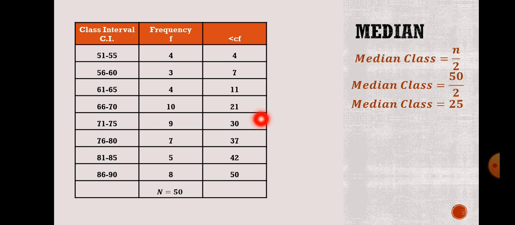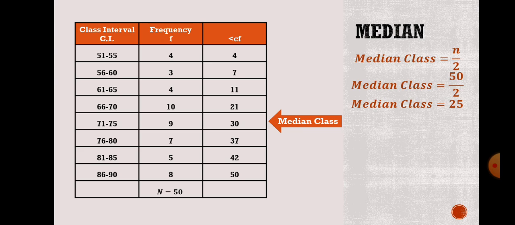Dapat yung computed median class natin ay in between of two values, wherein ang pipilian natin ay yung mas malaki, or yung greater than dun sa computed value na 25, which is 30. So therefore, the median class would be 71 to 75.